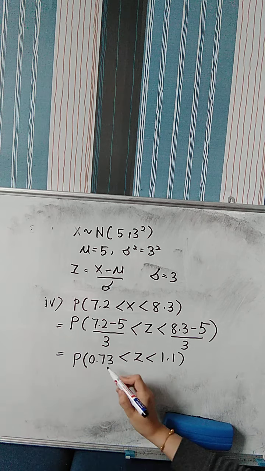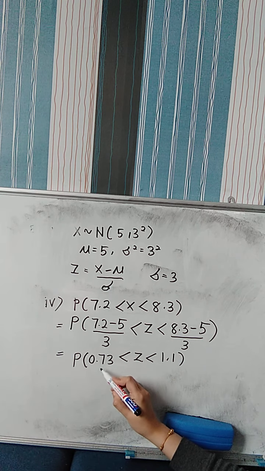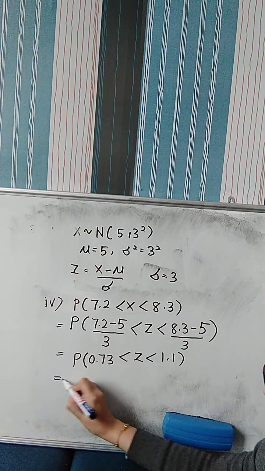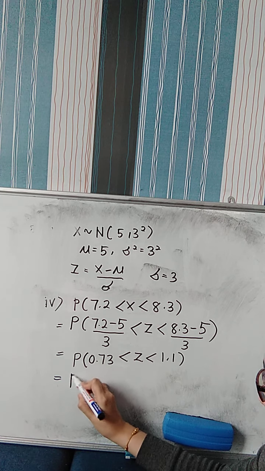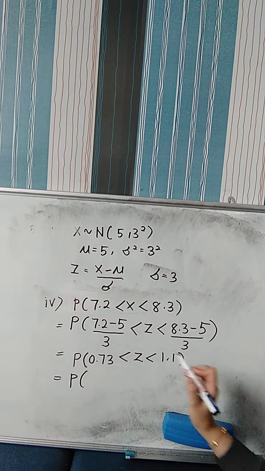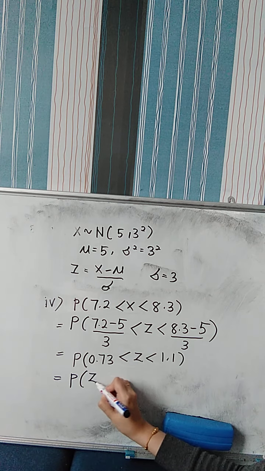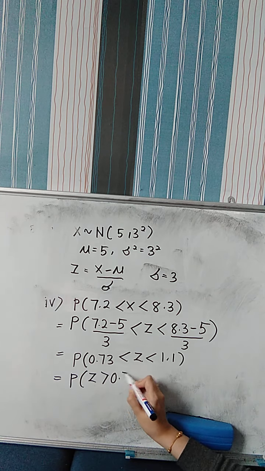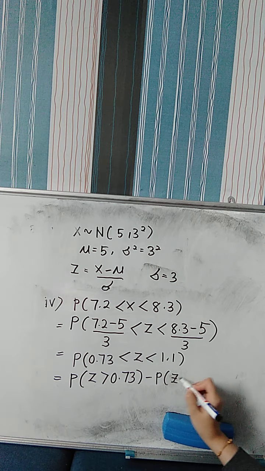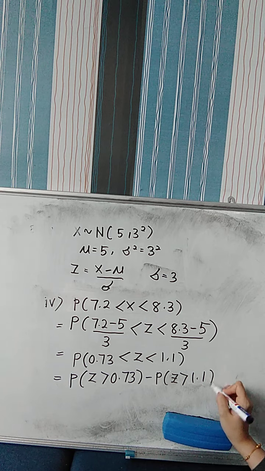Okay, so you have a positive value on your left and a positive value on your right. So, how to solve? On your left value minus on your right value. So, on your left is P(Z more than 0.73) minus P(Z more than 1.1).